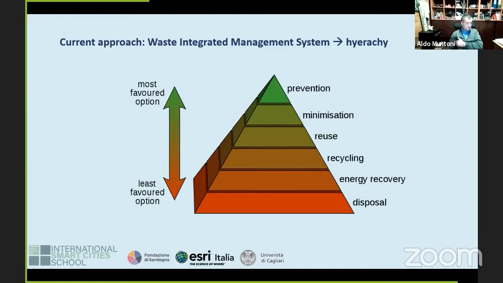So we should apply all the actions and strategies that you can see listed in this picture from the top to the bottom. This means that the first thing that we should apply is avoiding to produce waste, and minimize the amount of waste which is produced.